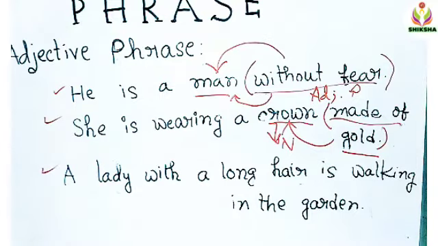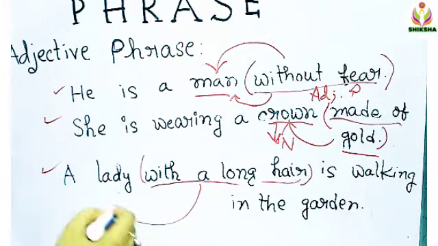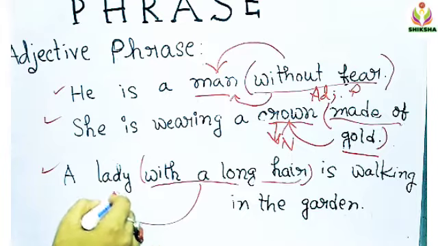In the third example, a lady with a long hair is walking in the garden. Can you identify the adjective phrase present in this sentence? Yes, with a long hair, because this part is describing how the lady is or what type of lady she is.